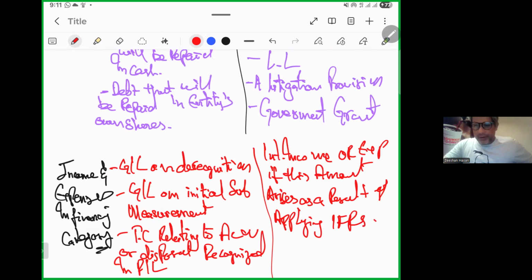So income and expenses which are not classified in the financing category are classified in the operating category. Okay.